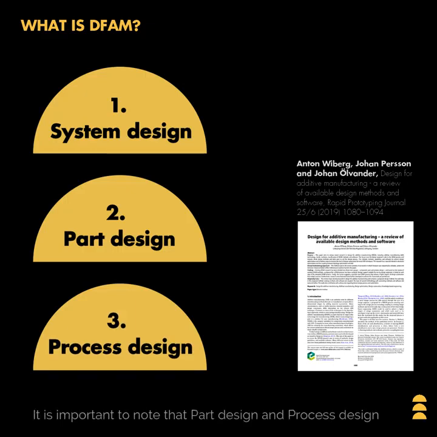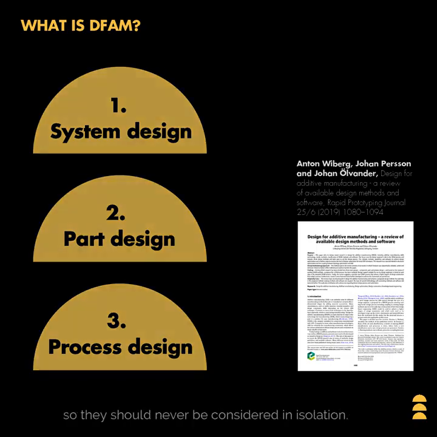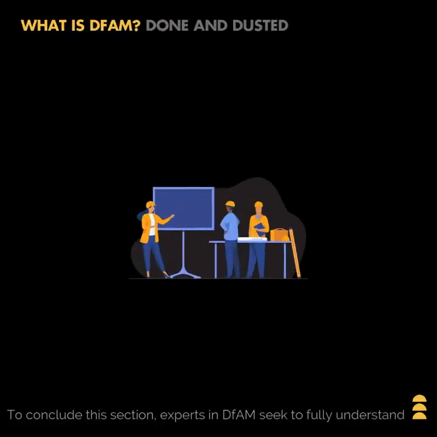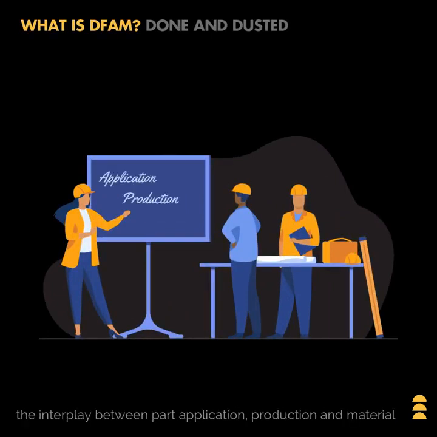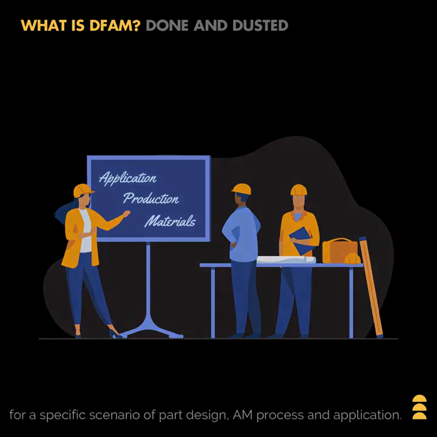It is important to note here that parts design and process design are directly connected, as they both have a profound impact on each other, so they should never be considered in isolation. To conclude this section, experts in DFAM seek to fully understand the interplay between the part's application, production, and material requirements in order to come up with a great solution for a specific scenario of parts design, AM process, and application.